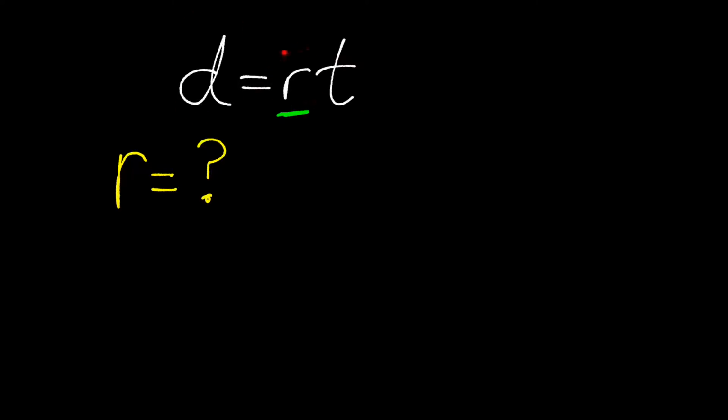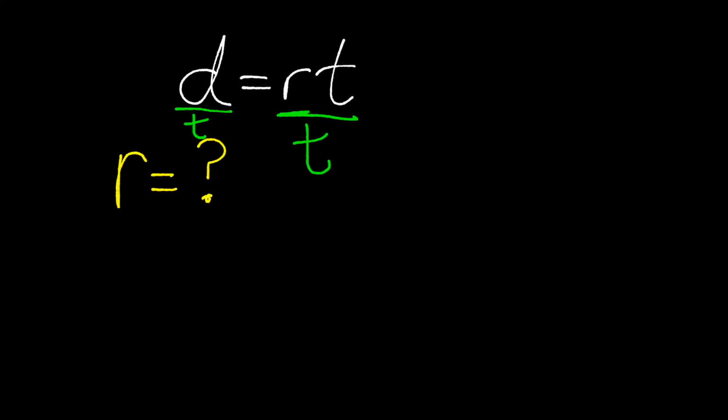Well, if I want r to be by itself, on the other side of the equal sign all alone, I'm going to have to get rid of this t. And we are going to do that through division. So in order to isolate r and to undo the multiplication between r and t, we need to divide both sides of our equation by t.